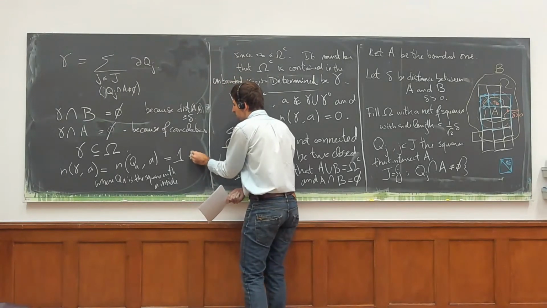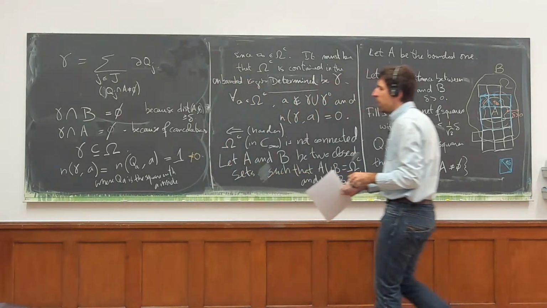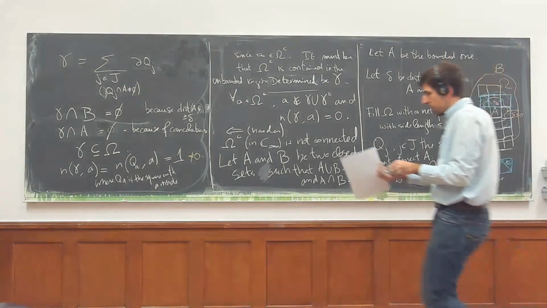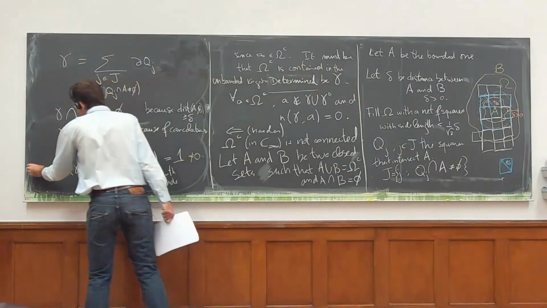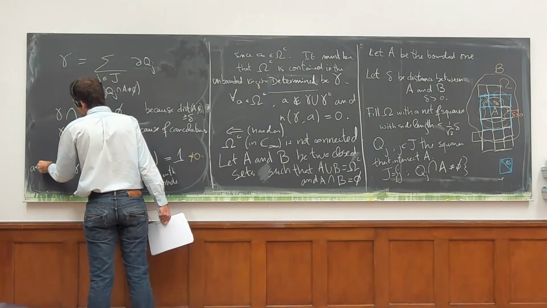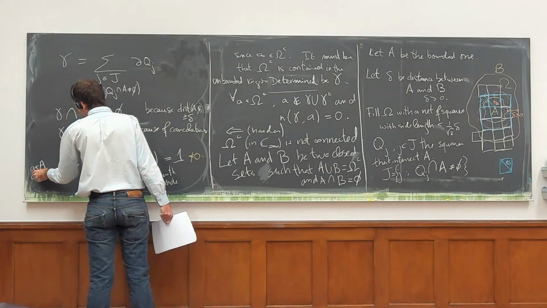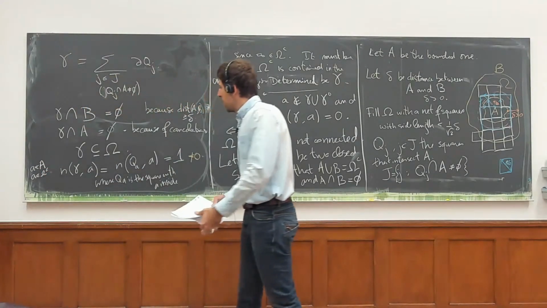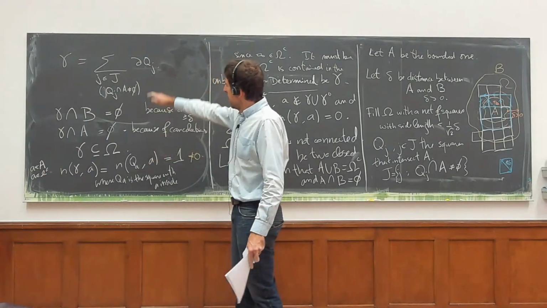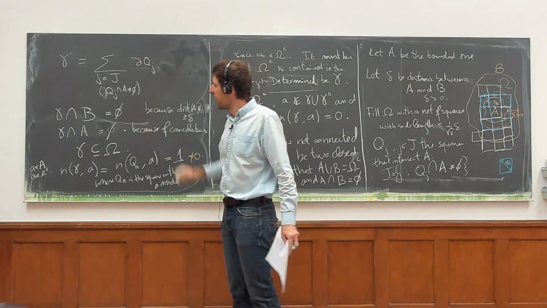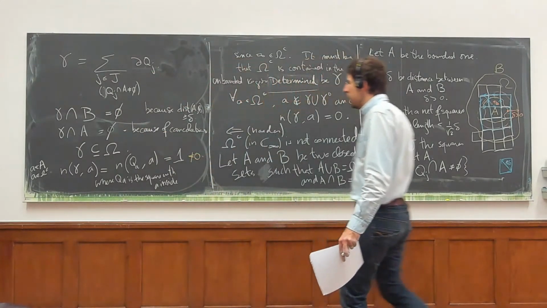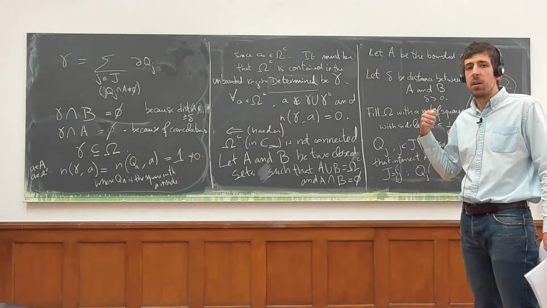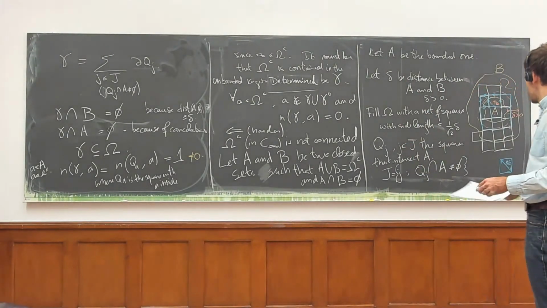And so we constructed a curve whose winding number on a point A, which is in our set A, so it is in omega complement, and because of our construction, the winding number of that curve around the point A is not 0, it is 1, and this proves what we want. We wanted to show that if it's not simply connected, then the winding number wasn't 0, okay?